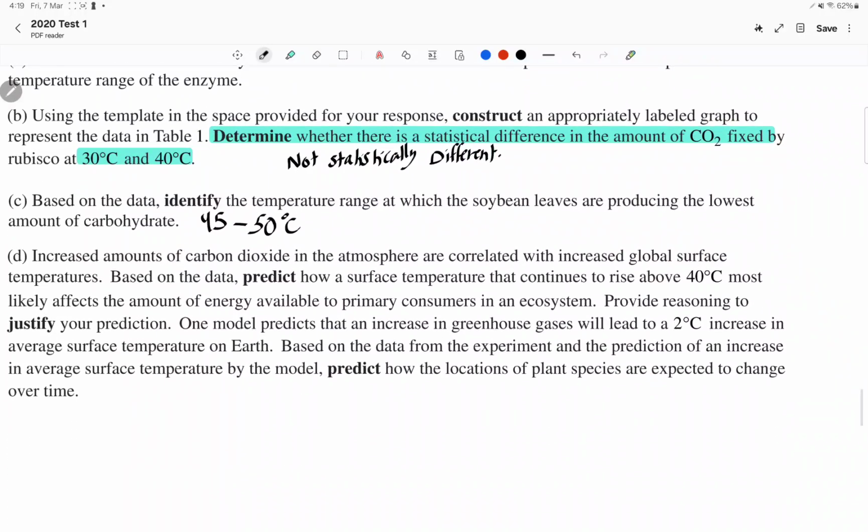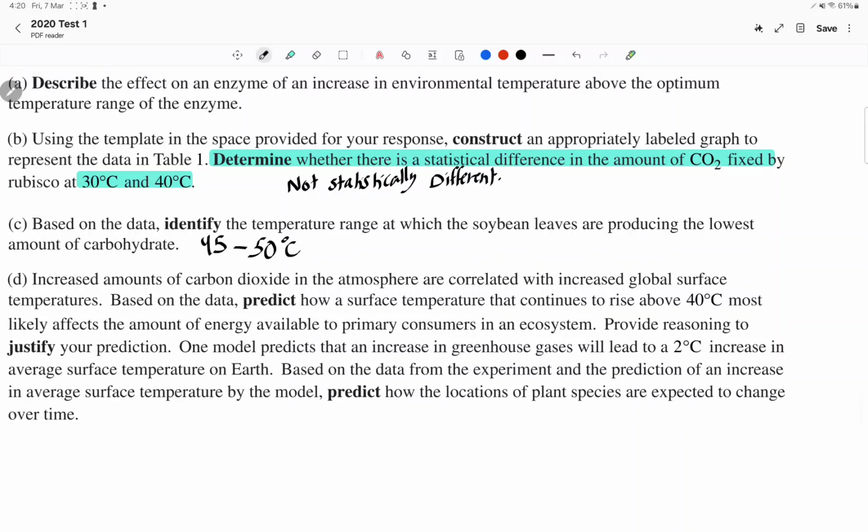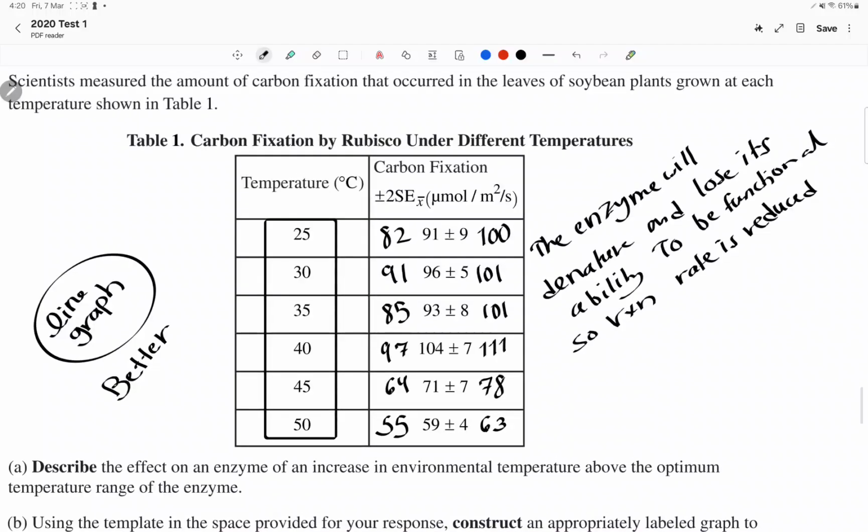Increased amounts of carbon dioxide in the atmosphere are correlated with an increased global surface temperature. Based on the data, predict how a surface temperature that continues to rise above 40 Celsius most likely affects the amount of energy available to primary consumers. Guys, if the producers are going to have less carbon fixation at high temperatures, they're going to make us less food.